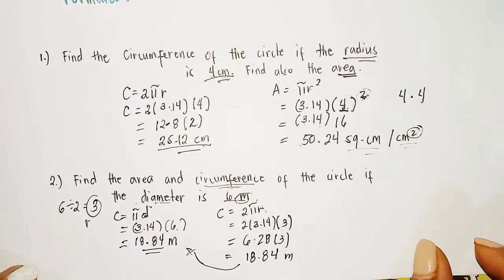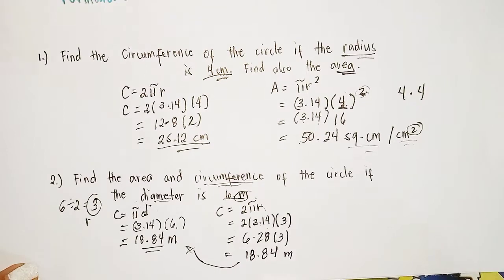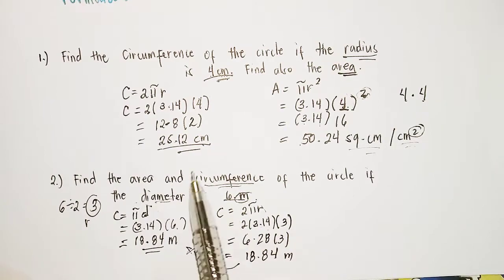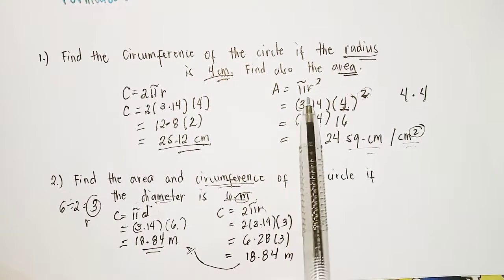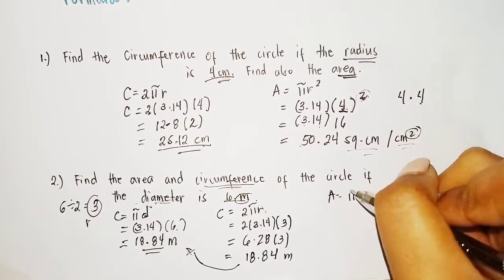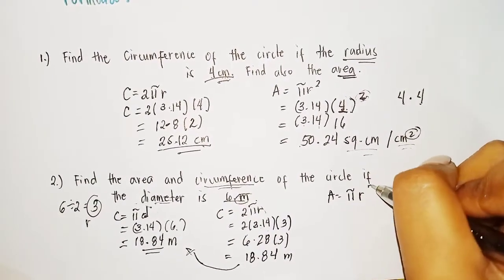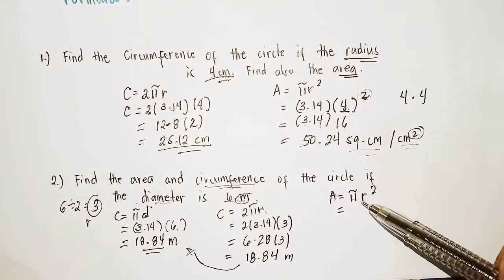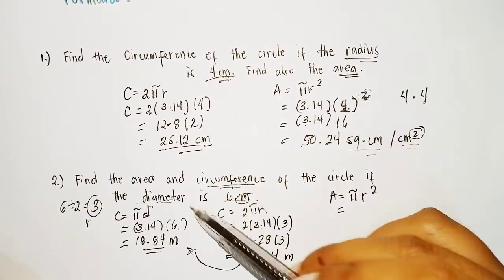Alright? Now, let's find the area of this circle with the diameter of 6 meter. The formula that we are going to use is of course the same with this. We have A is equal to pi r squared. And then next that you are going to do is to substitute the value of pi and the radius of this circle.